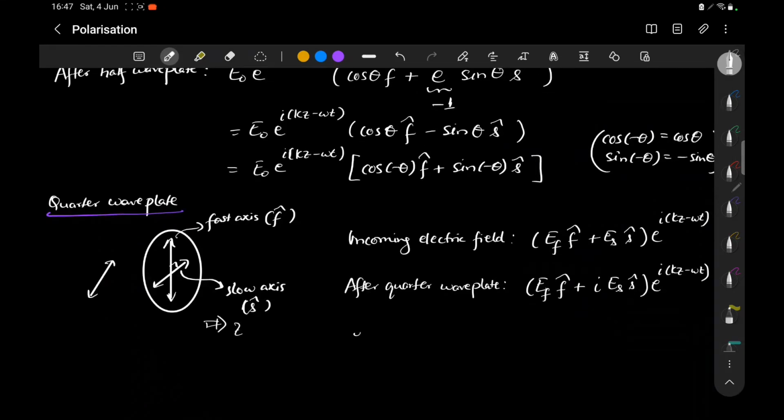So this is because i is nothing but e to the power i pi by 2.